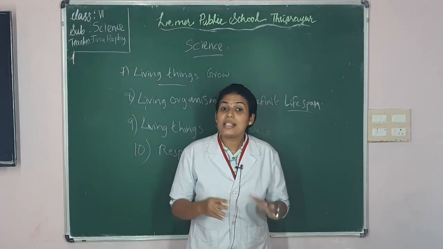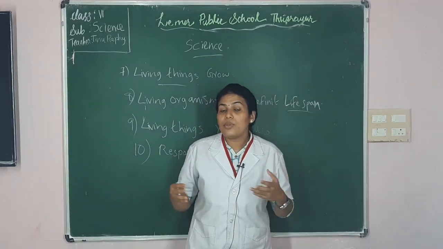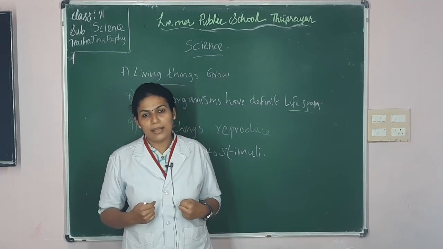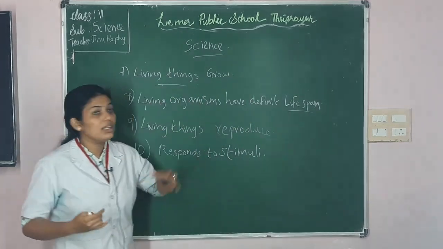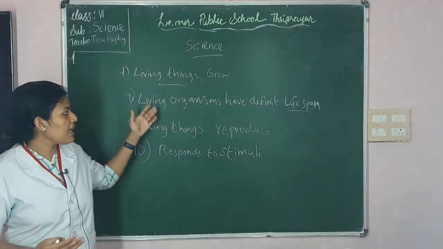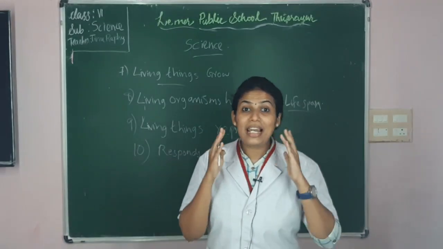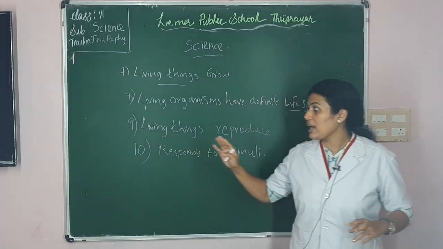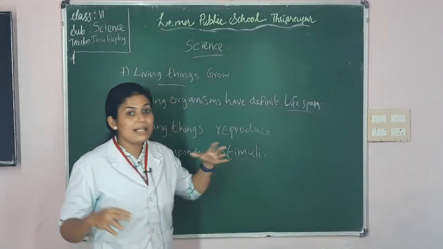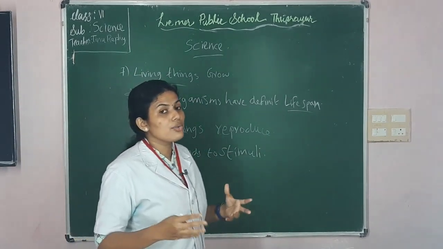Fifth character is living organisms excrete. They remove the waste materials from their body. Sixth character is they show growth. The seventh character is living organisms have a definite lifespan. The eighth character is living organisms reproduce, and the ninth character is they respond to the stimulus.